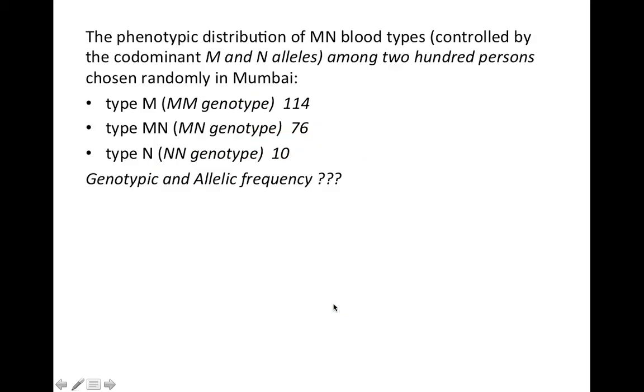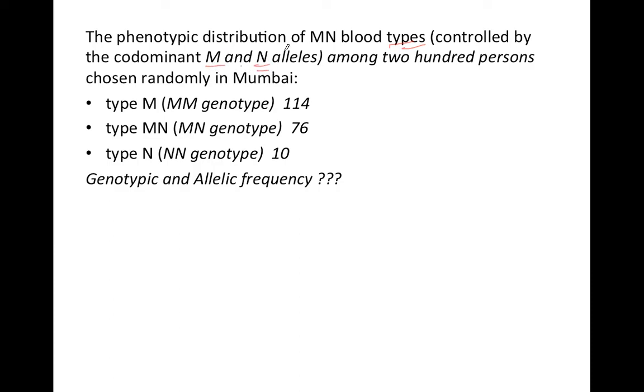So with this philosophy, we start and look at an example of how this works. So let's take this example. This is an example of MN blood types, which is controlled by M and N alleles.